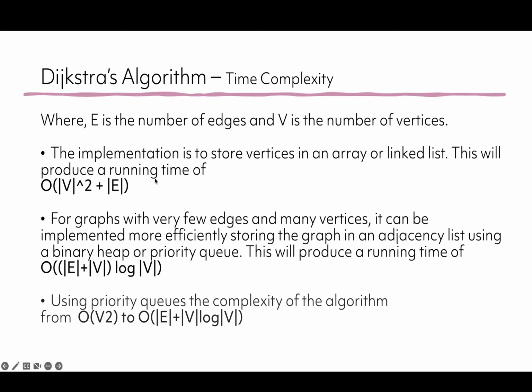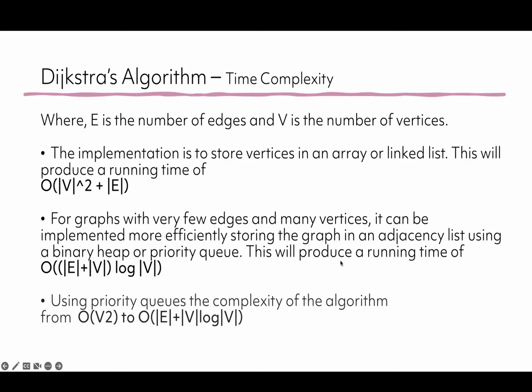This will produce a runtime of big O of V squared plus E. For a graph with few edges and many vertices, it can be implemented more efficiently, storing the graph in an adjacency list using a binary heap or priority queue.